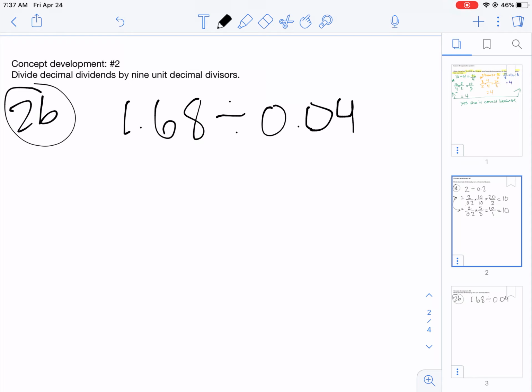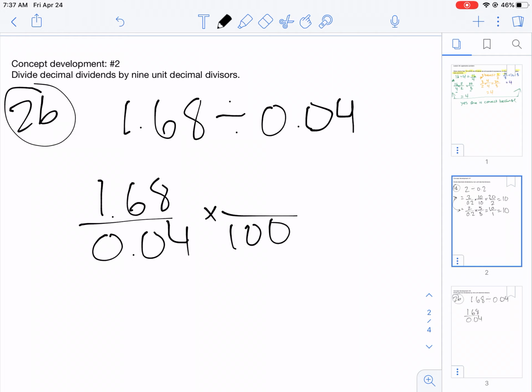Good, rewriting it as a fraction. Okay, and our next step, good, multiplying by 100 because we're working with hundredths, right? And we get 168 over 4.